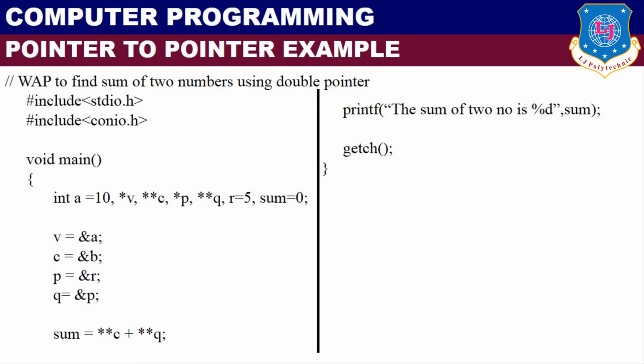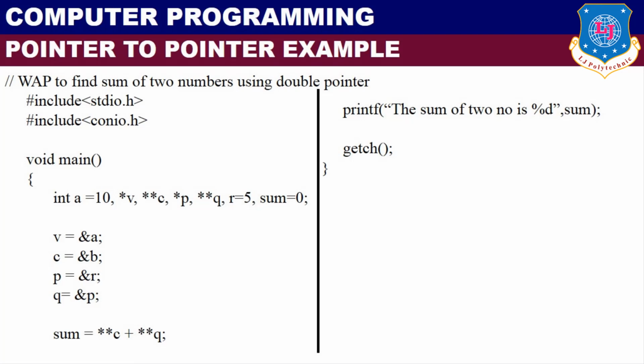First of all, we declare our header files, hash include stdio.h, hash include conio.h, then our main function. We declare some variables: int a equals 10, star b, that is our regular pointer, star star c, that is our double pointer, star p, that is our regular pointer, star star q, that is our double pointer, r equals 5, and sum.